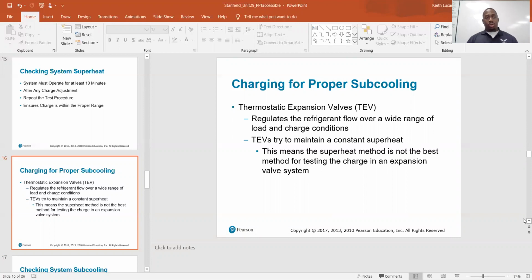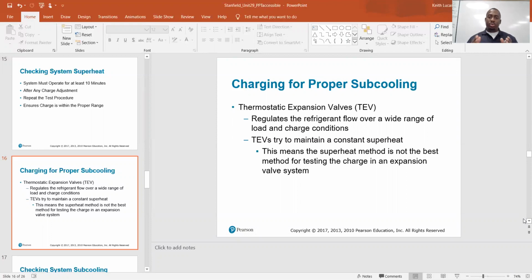The lower the load or the lower the temperature going across that coil, the slower that refrigerant will boil, and then the TXV is going to close and let less liquid refrigerant in so that we don't flood the evaporator and allow it to boil off before it goes back to the compressor. So they modulate, and the fact that they modulate makes it kind of a bad place to check when it comes to charging your system.